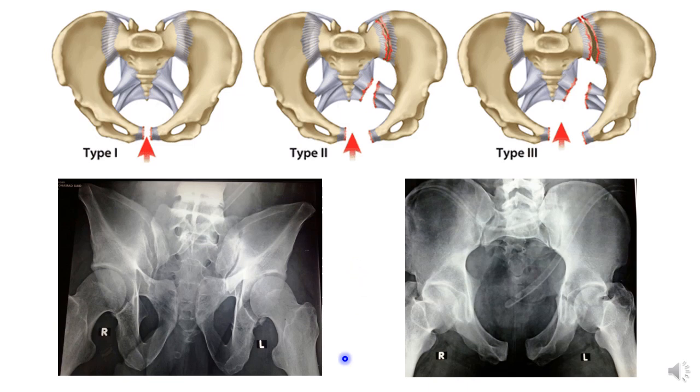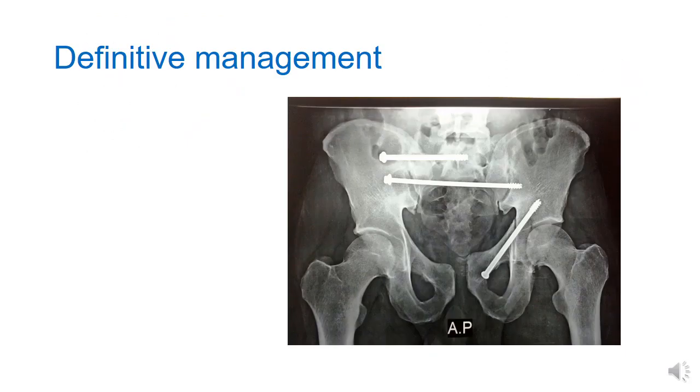So we can go for non-operative treatment if we agree that this is minimally displaced, or if we are in doubt, we can go for fixation. In this case, we went for fixation by percutaneous minimally invasive surgery using what's called iliosacral screws and also a pubic ramus screw.